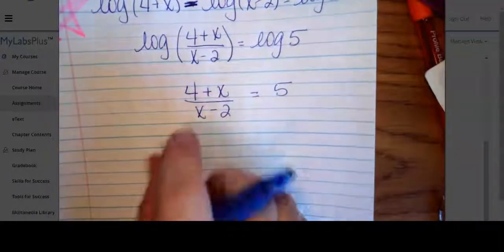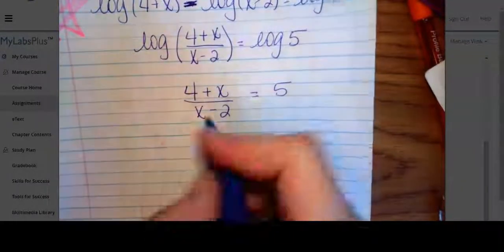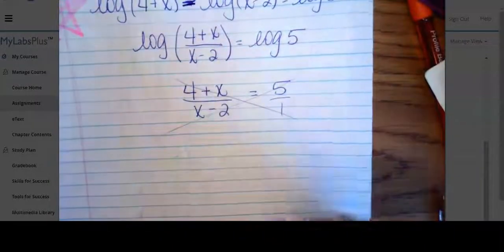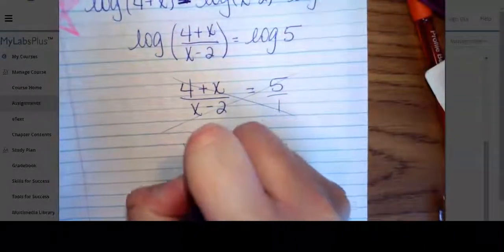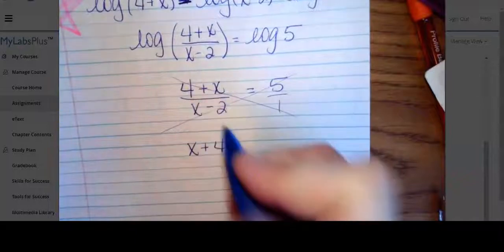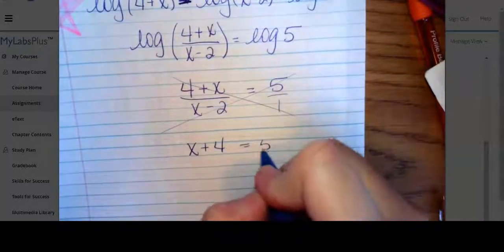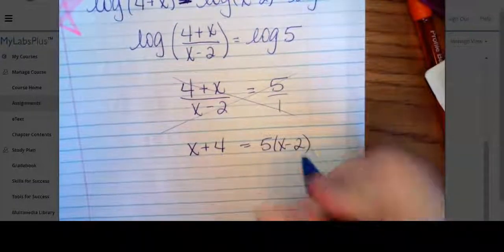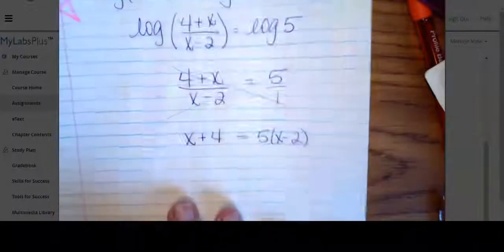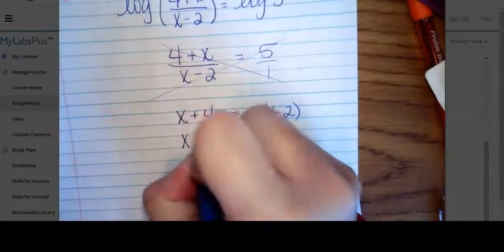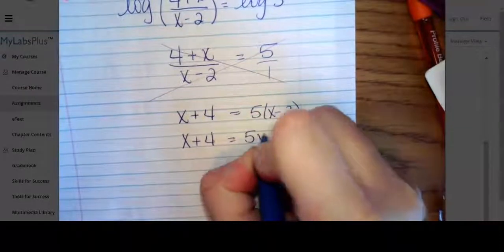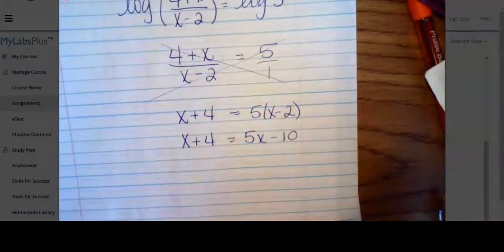That 4 plus x is irritating me. It should be x plus 4. All right, so I'm going to cross multiply. This is a proportion. So I have x plus 4, all I did was flip it, equals 5 times x minus 2. Okay, so now I've got x plus 4 equals 5x minus 10.